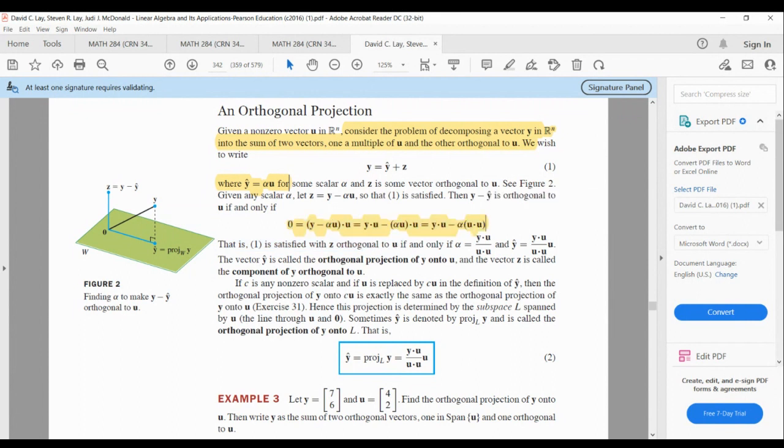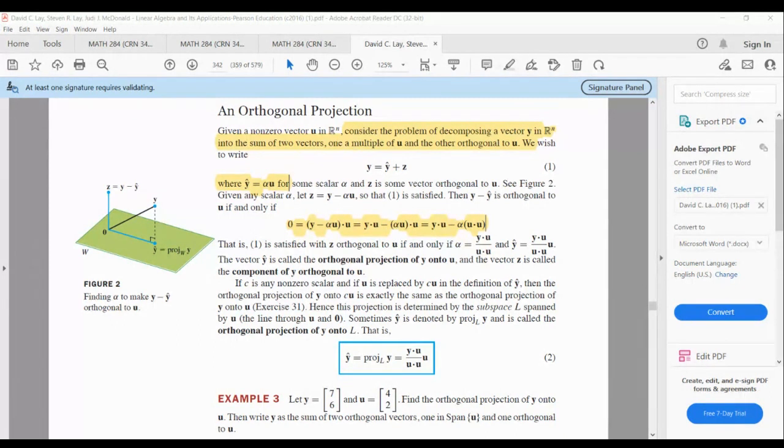They're going to take the dot product of the vector U with the vector Y minus alpha U. And because Y minus alpha U is Y minus Y hat, that is orthogonal to the vector U in the subspace W.